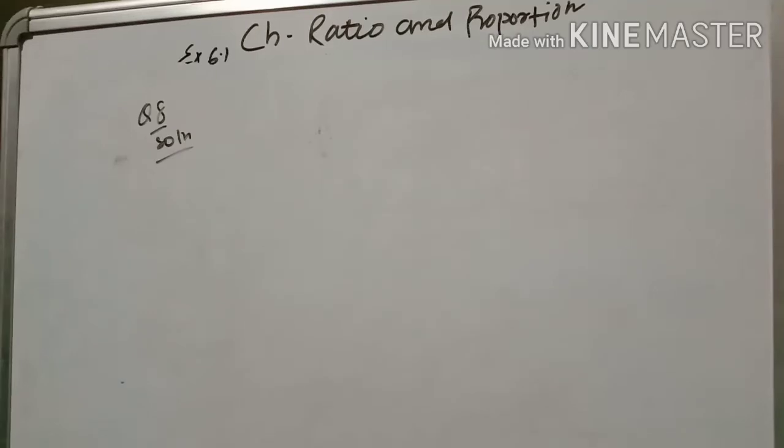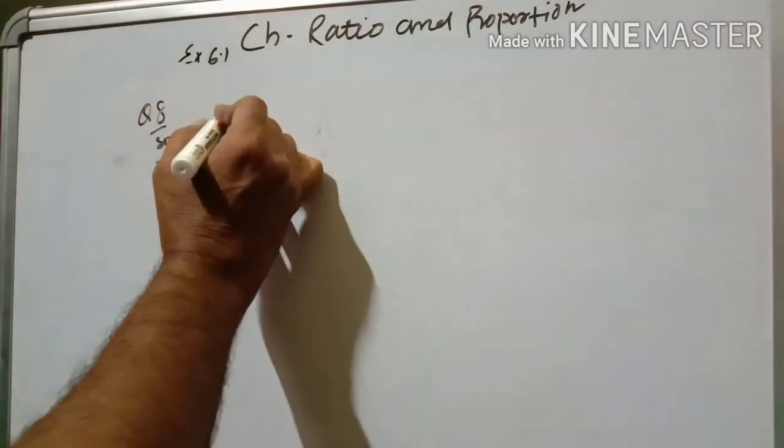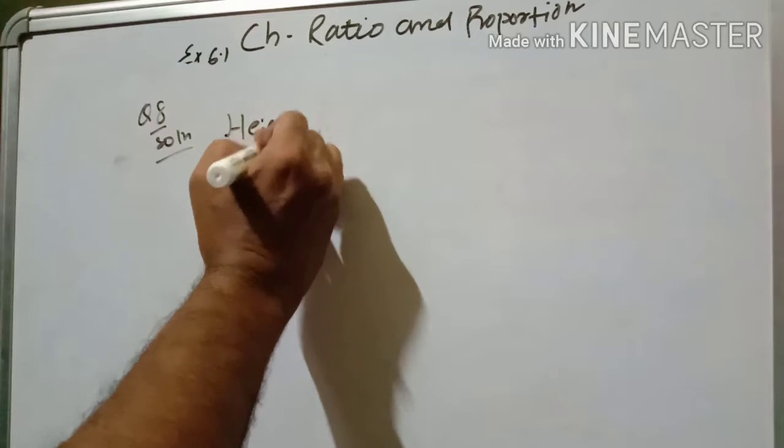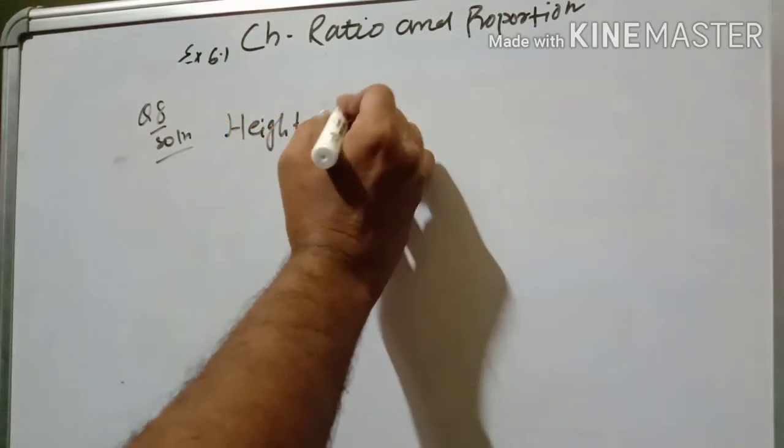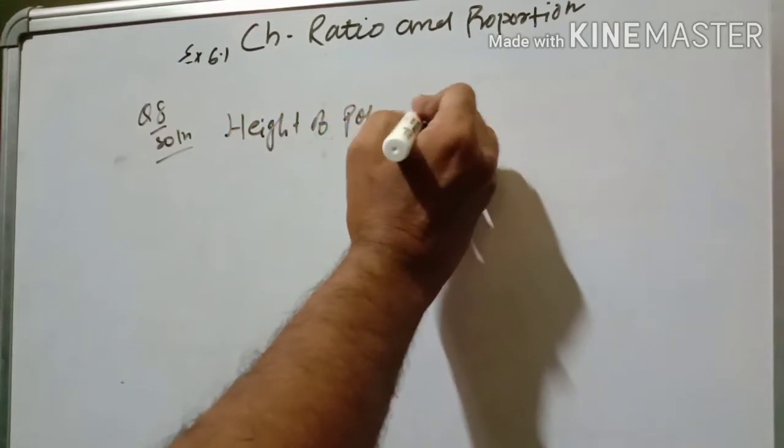Question number 8. It is given that a pole of height 3 meter is struck by a speeding car and breaks into 2 pieces such that the first piece is 1 by 2 of the second. Find the length of both pieces. So first of all, write down, let height of the pole is given 3 meter.